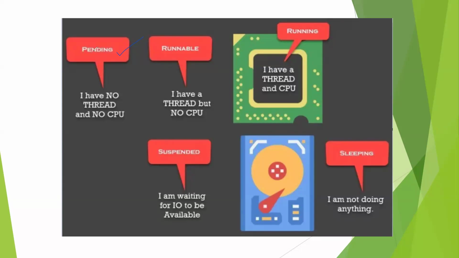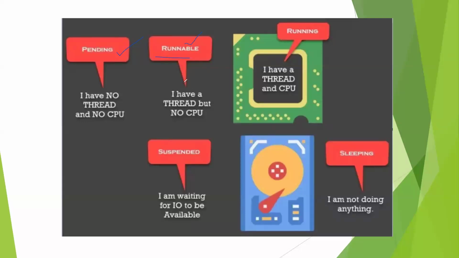So no thread will be assigned. If it is runnable, a thread will be assigned. The thread is not waiting for any resources; it will be waiting for an available CPU, and once the CPU is available it will go ahead and execute on the CPU. That is what runnable means.